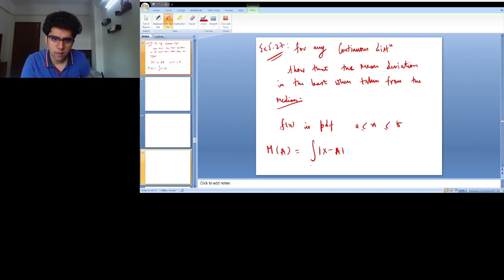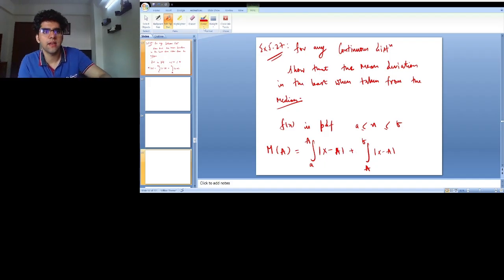And my limits will be small a to capital A and capital A to small b. Now I'm writing this as two different functions because I have a mod sign here. The formula for finding the deviation is the integral of |x minus A| f(x) dx.